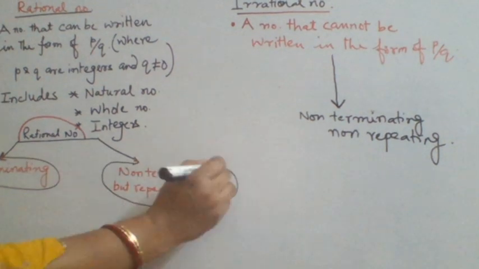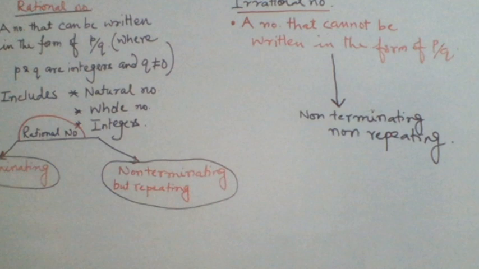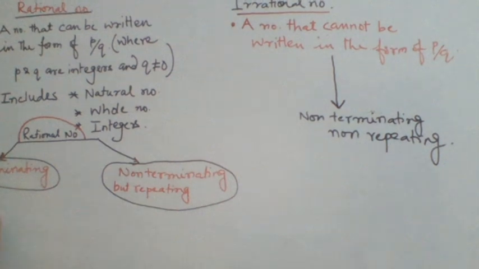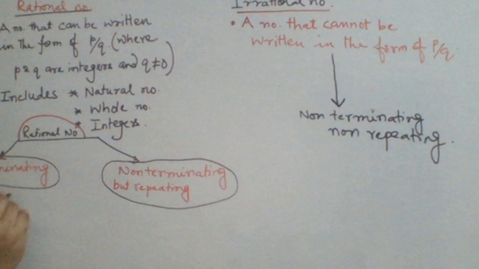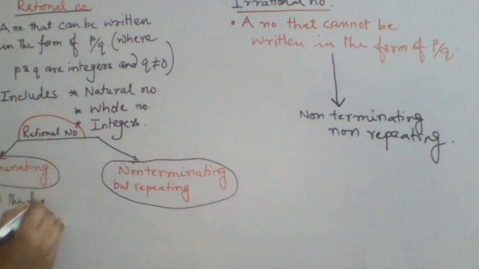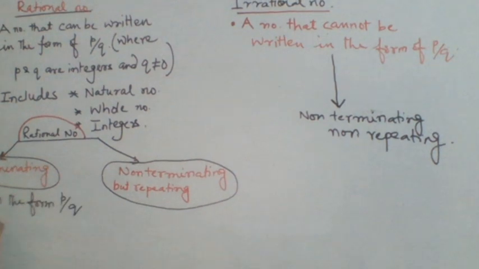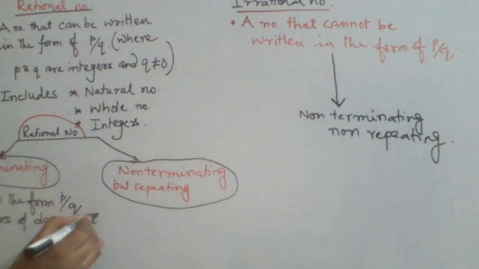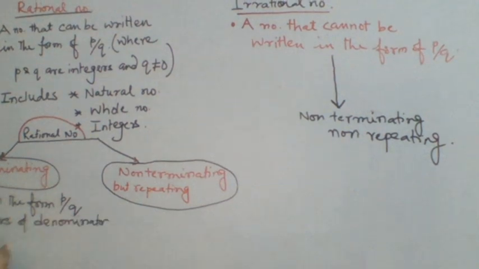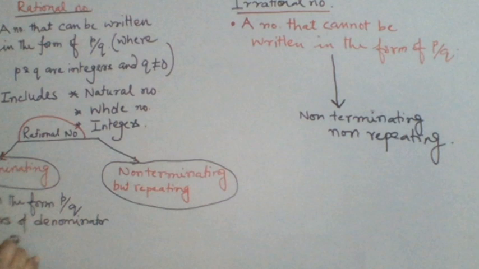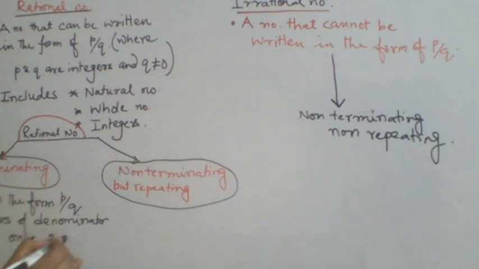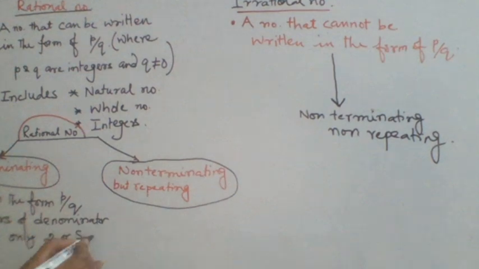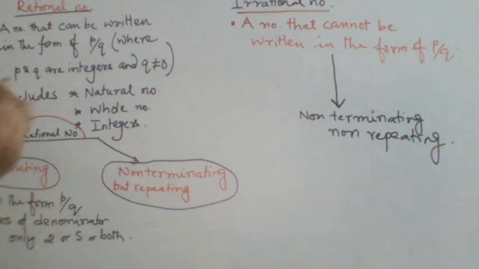Terminating rational numbers are the numbers in the form p by q where the factors of the denominator are only 2 or 5 or both. Please mind it. It is terminating.